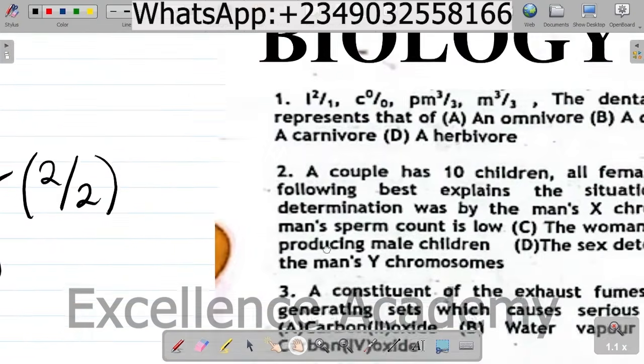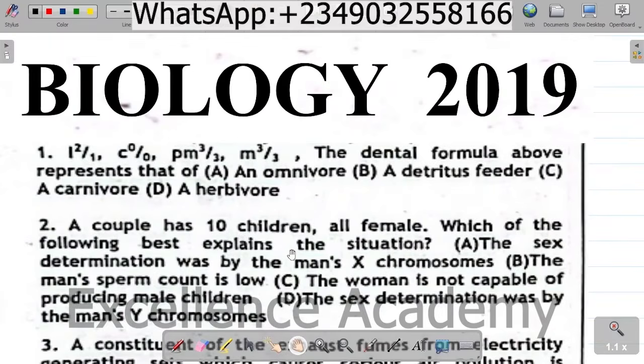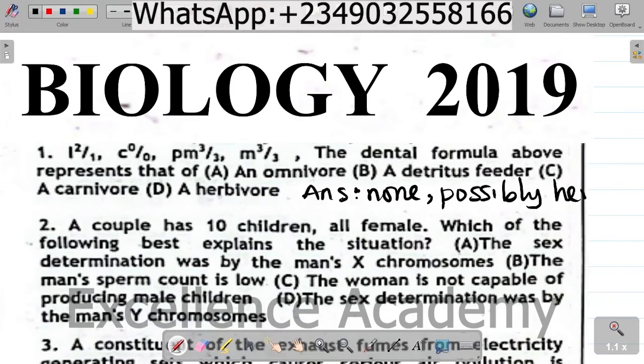Going back to the question, for the formula shown here, I 2/1, C 0/0, PM 3/3, M 3/3, like I said, the correct answer is not here, but could likely be a herbivore. Herbivores are animals that feed on plants, and in a herbivore we have 0 in the canine and the incisor, which is shown here for the canine, 0/0.